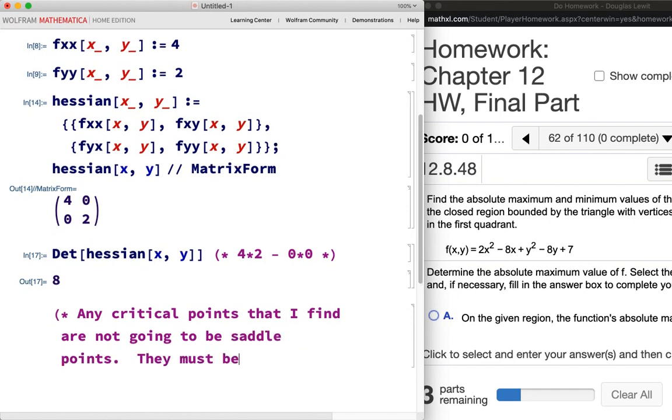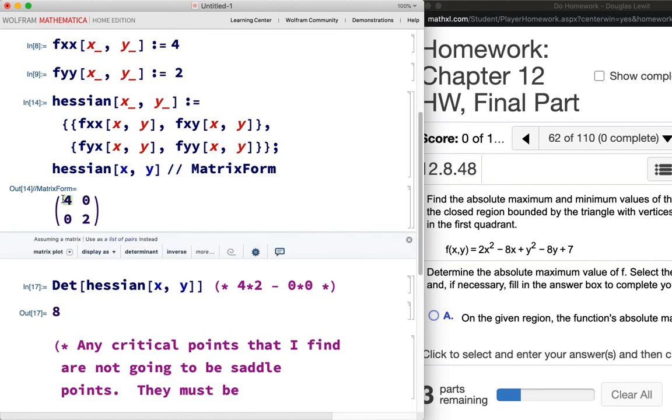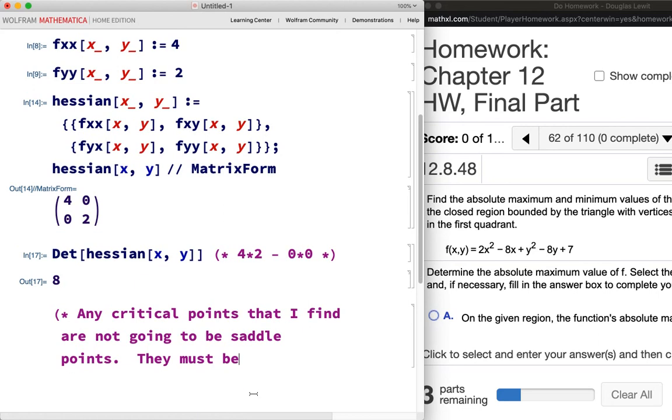Now take a look at these derivatives. Take a look at fxx. It's positive. Take a look at fyy. It's also positive. So if fxx and fyy are both positive, that means that I'm dealing with local minimum points. Okay?